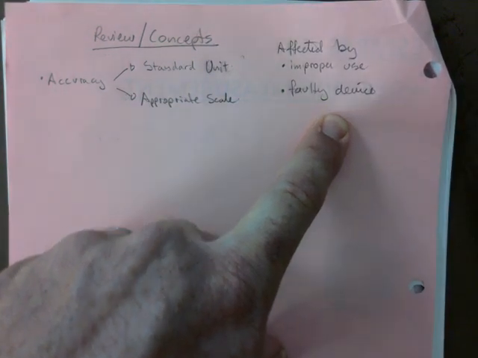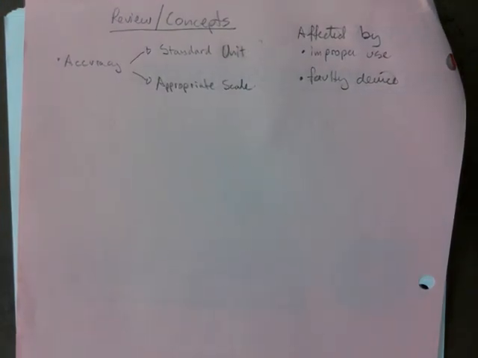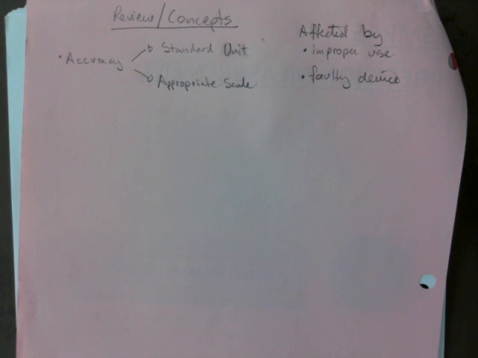Those are two things that can affect it. So if standard unit is a check and the scale is a check and it asks, why is the measurement still off, then you have to talk about maybe the person didn't use it properly, and you have to give specific examples. Don't just say didn't use it properly.